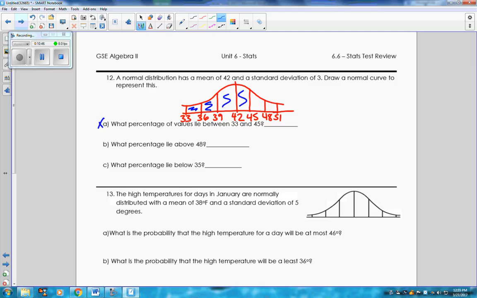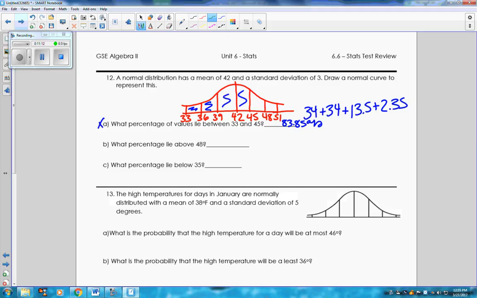So it's going to be 34 plus 34 plus 13 and a half plus 2.35, which should give you 83.85%.